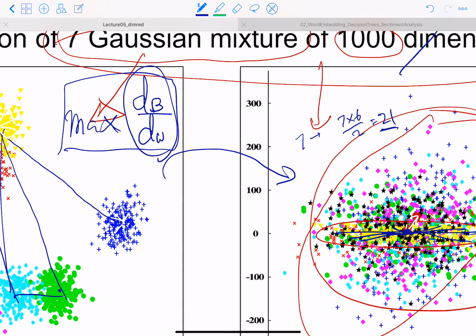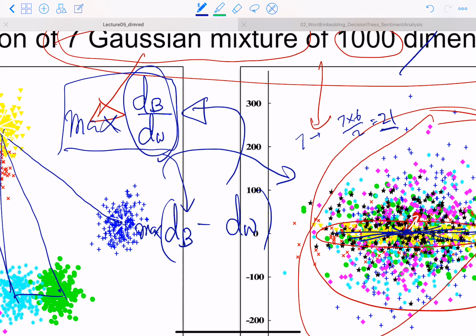But you can design a different criterion. For example, we want dB to be maximized and at the same time dW, the within cluster distance, to be minimized. If we maximize this, it will roughly perform the same thing: maximize this and minimize that.